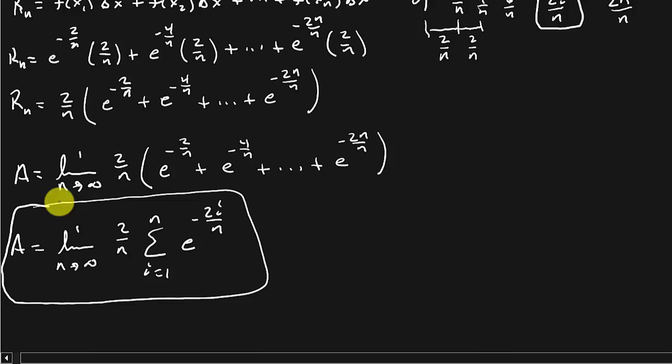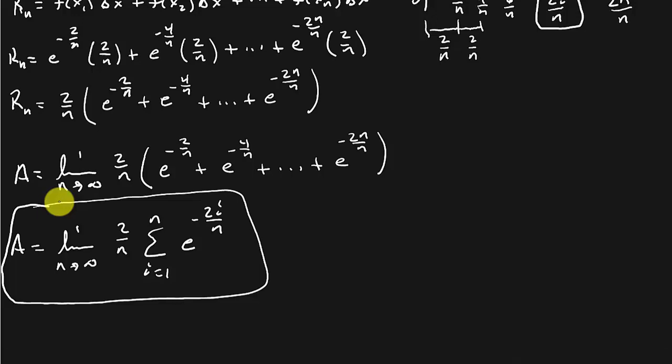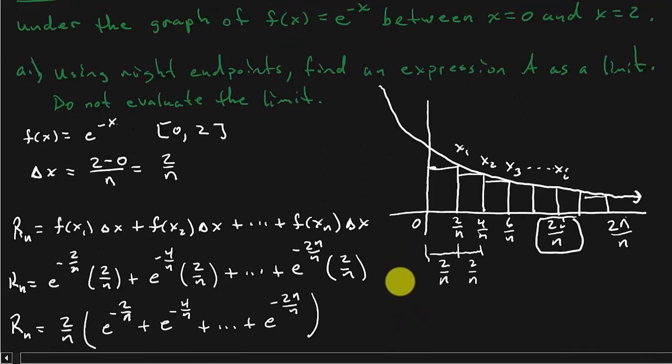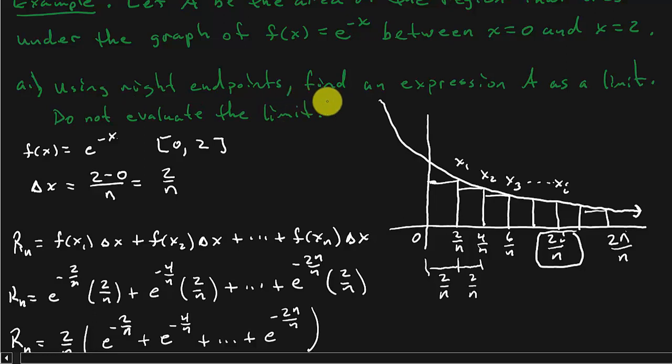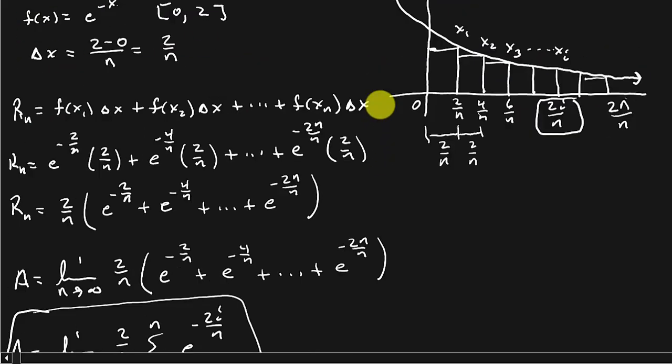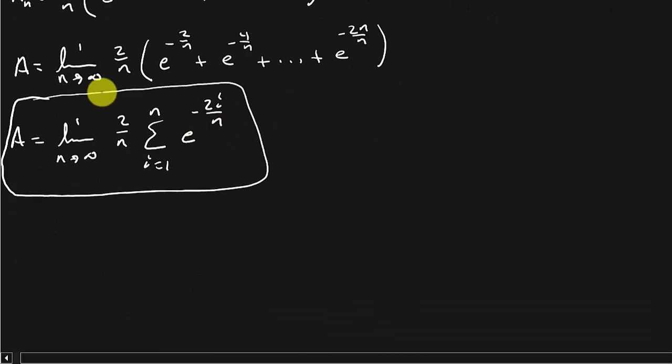I hope that all made sense, but this is what they're wanting to find for this part here. Using right endpoints, find an expression for A as a limit. All right, so this would be your answer right here.